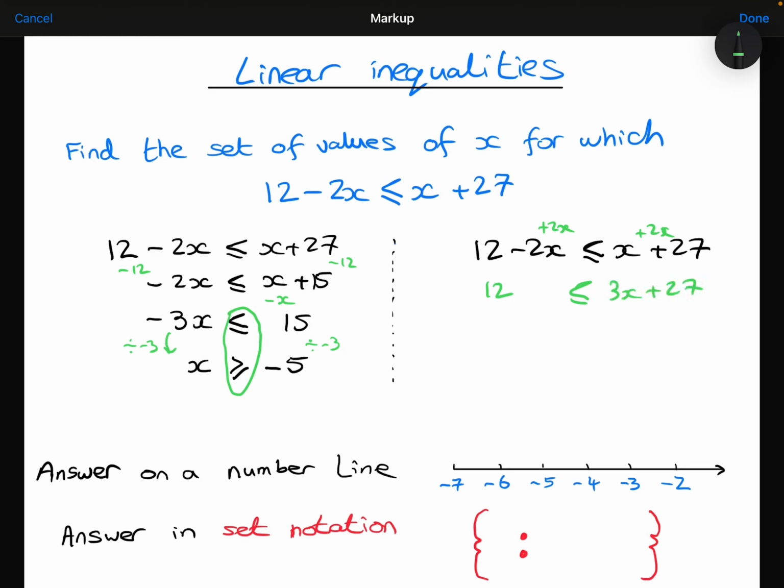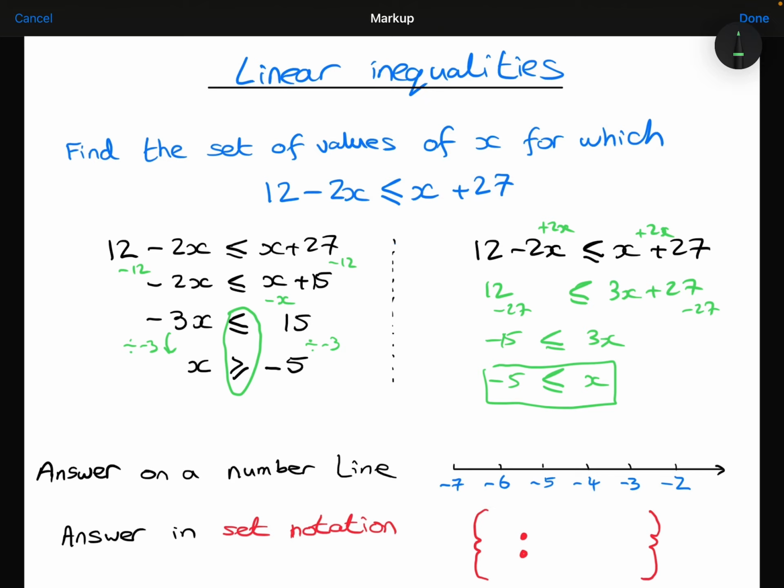Then I would subtract the 27. And that way I can divide by positive 3 without needing to worry about flipping the sign or anything like that. And I get the correct answer as x is greater than or equal to minus 5.